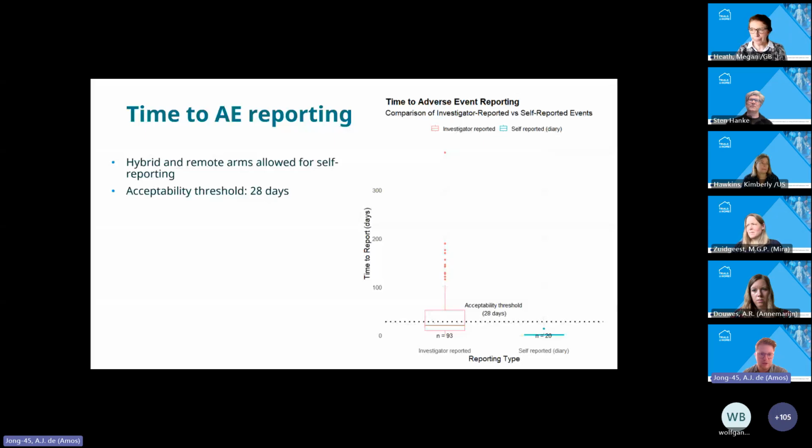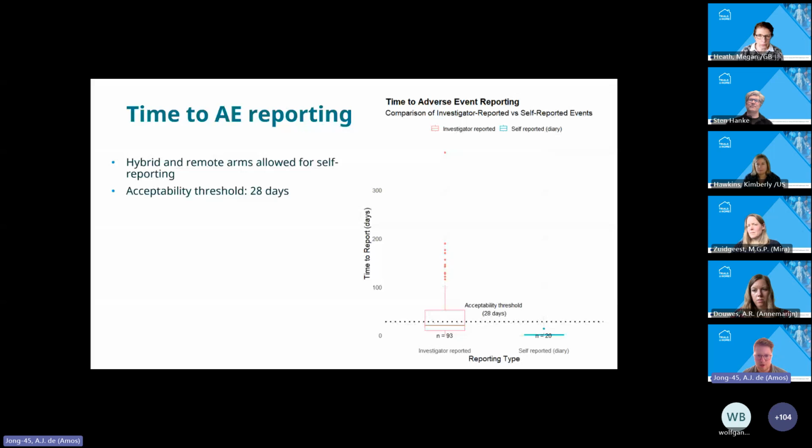In this figure, you see the difference between investigator-reported and self-reported adverse events, or the time to adverse event reporting from occurrence. Important to mention is that we defined an acceptability threshold of 28 days, which is the interval between two visits in this study.